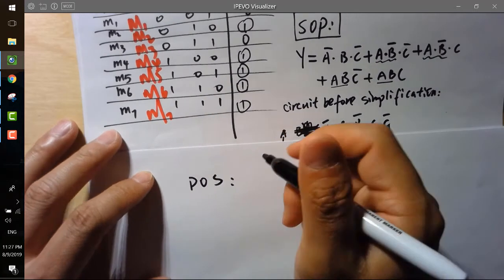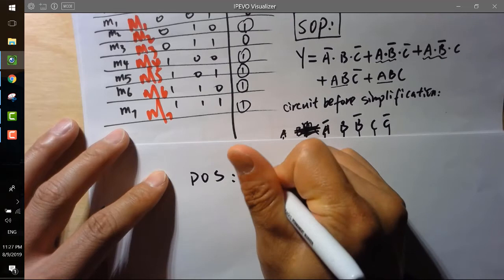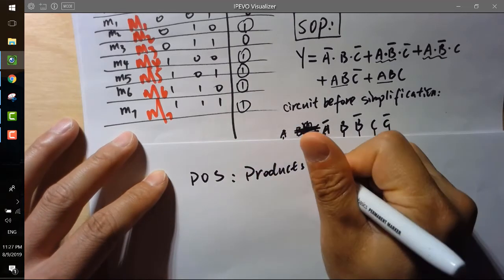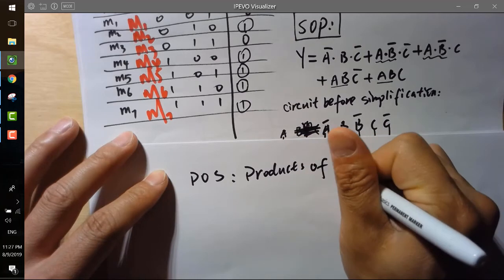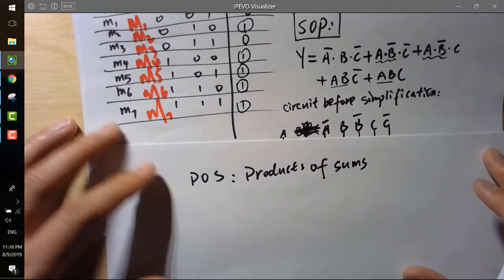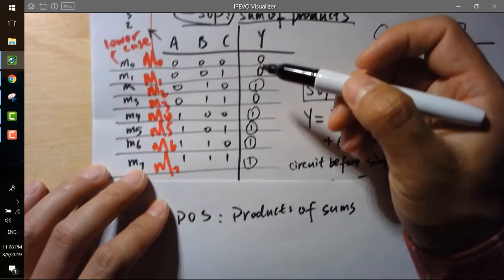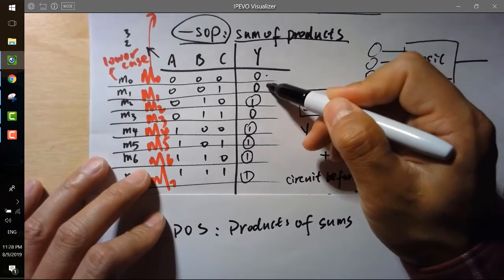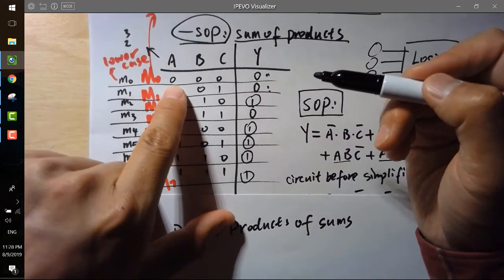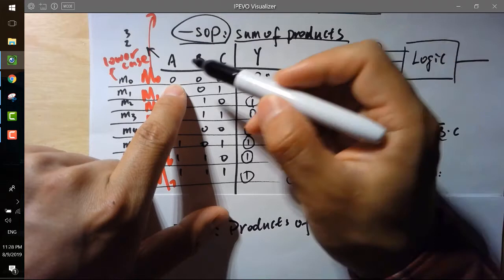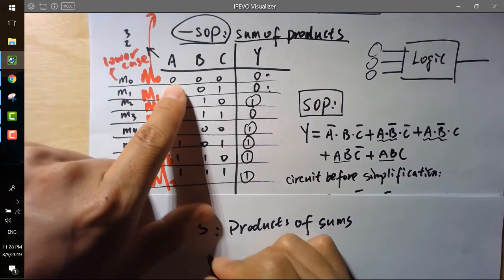So POS stands for products of sums. Now you are only looking at zeros. And if you have a 0 here, you directly write an A in the term without a bar on top. Let me show you really quick.